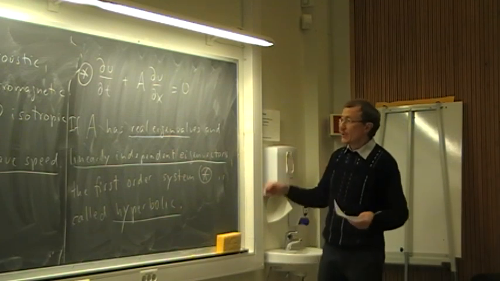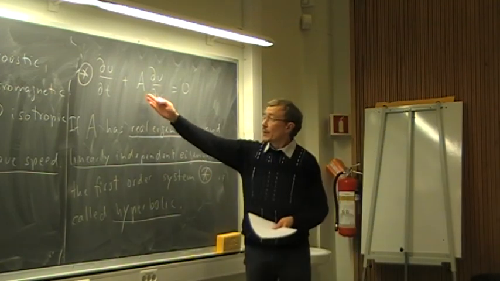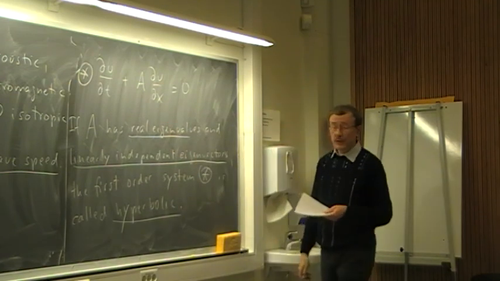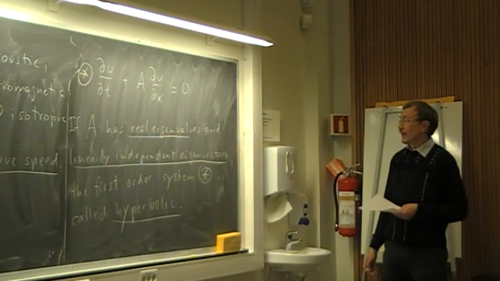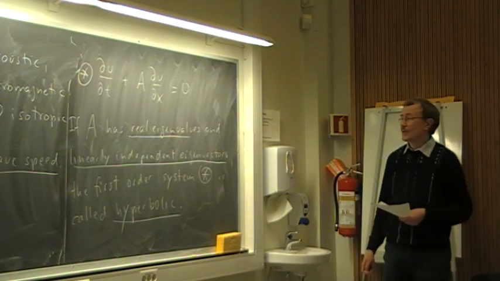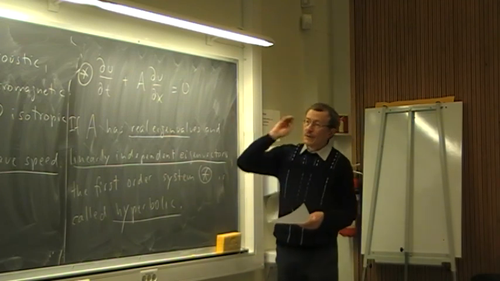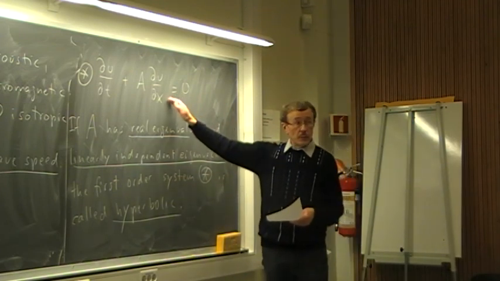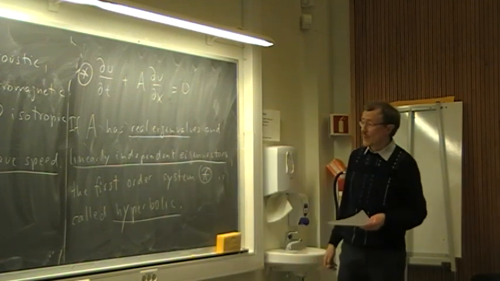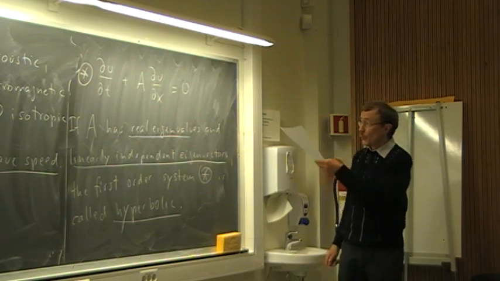In our case, the situation is much easier because we have just a scalar problem, and A in our case is just a constant c. So that is definitely real, and for eigenvectors we just need one, so that is a trivial thing. But we can go more complex. We can have more complex linear systems. But this is useful to characterize first order systems.